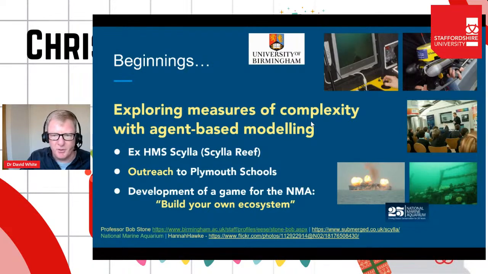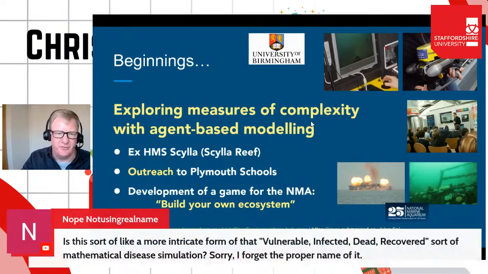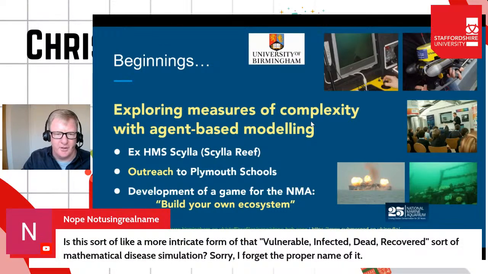With Birmingham and some colleagues at the University of Plymouth, we hired a boat to take us over the Scylla, and we put some underwater robots down into the sea, to the reef, to measure what species are present and so on.